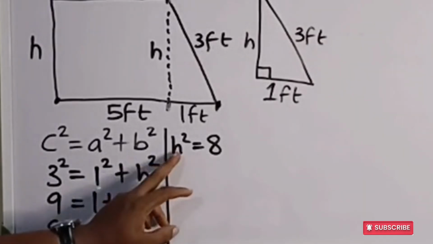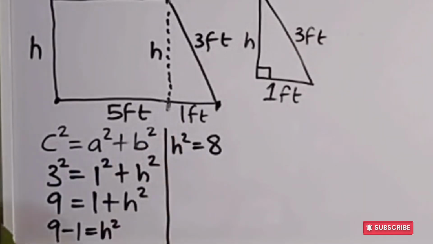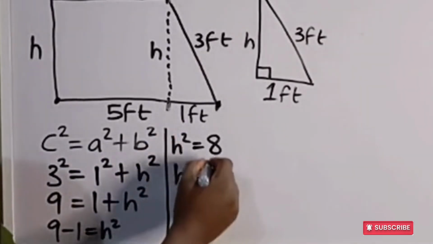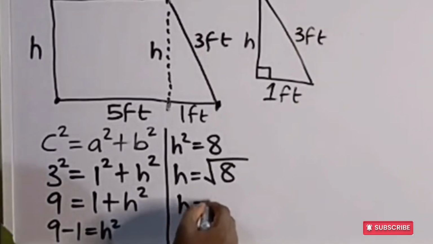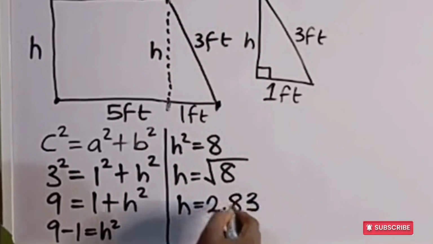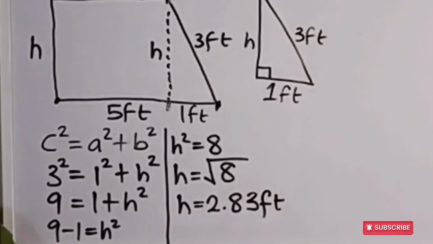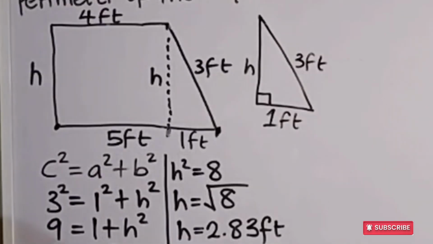If h squared is equal to 8, then h is equal to the square root of 8. What's the square root of 8? The square root of 8 is 2.83. So h is equal to 2.83 feet. So we have found the value of h, and now we can find the perimeter.